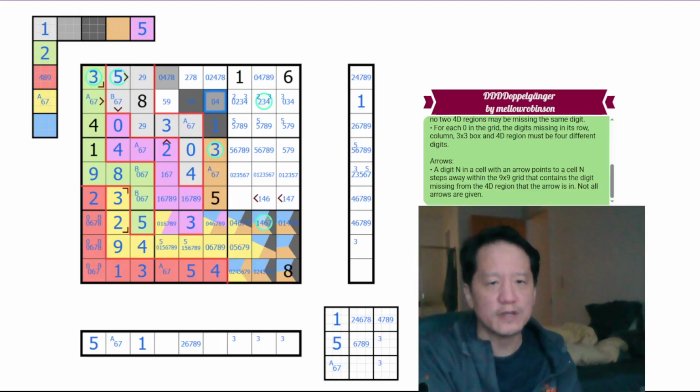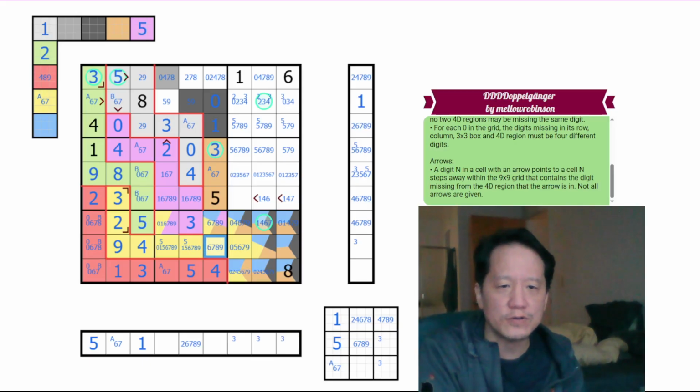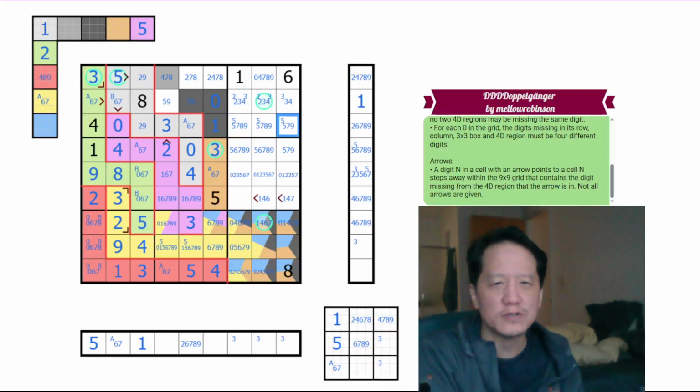4 would be making this not a 4, so that's 0. So no 0, 4 here, no 0, 4 here. No 0 here or here. This can't be 0, so this is 2, 3, 4 here, which I'm missing a 4 here.